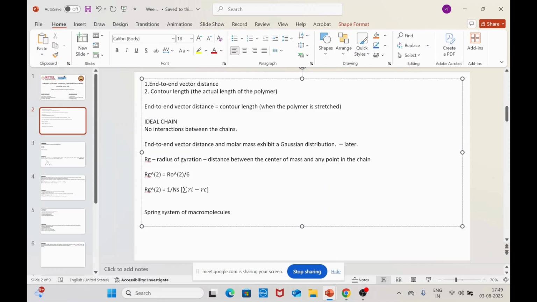So here the macromolecules are considered to be a spring, which returns back to its original shape after removing the deformation.